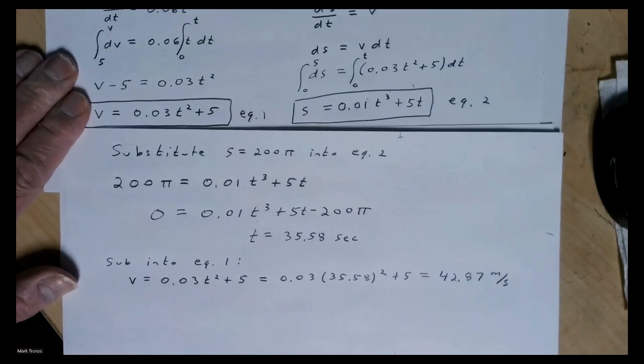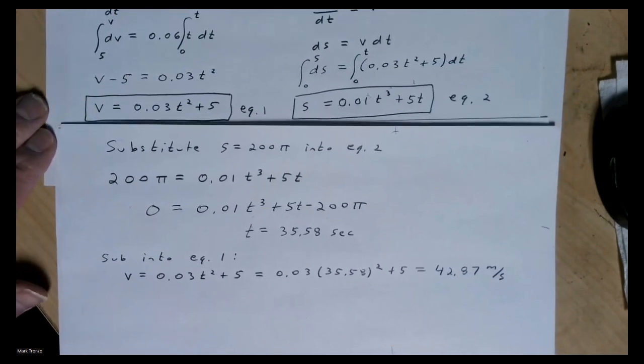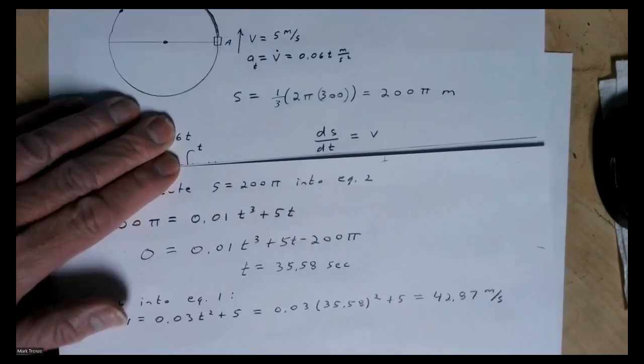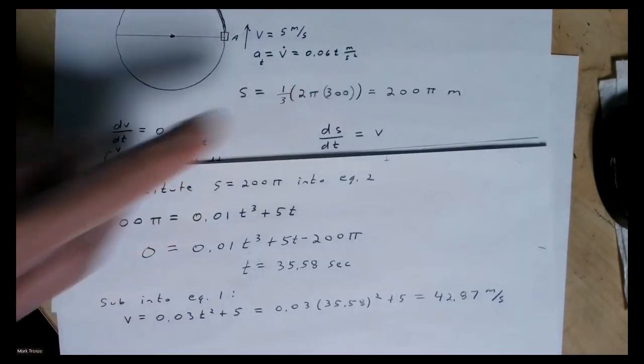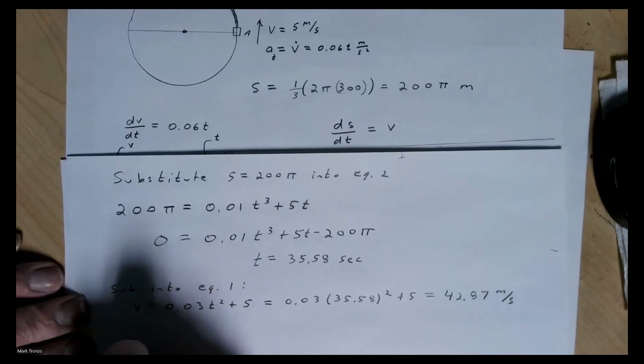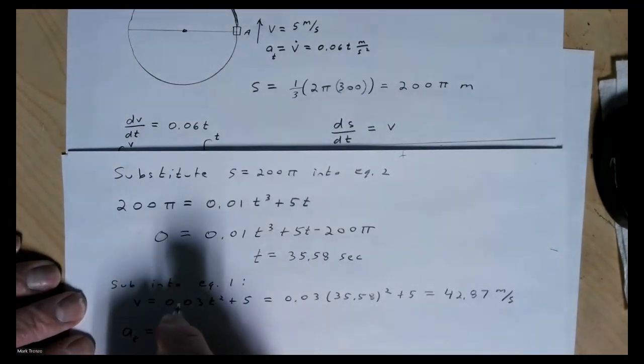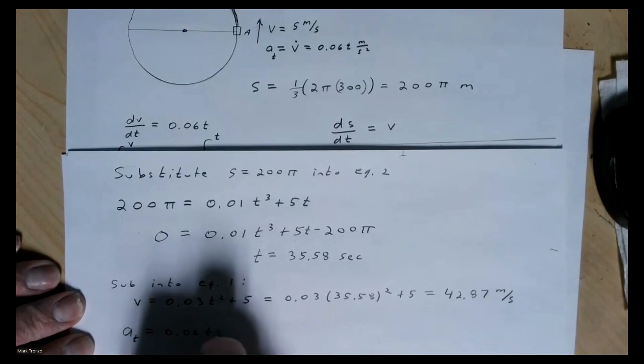And then if we want the tangential component of acceleration, that was given up here. So a_t is given by 0.06 t.